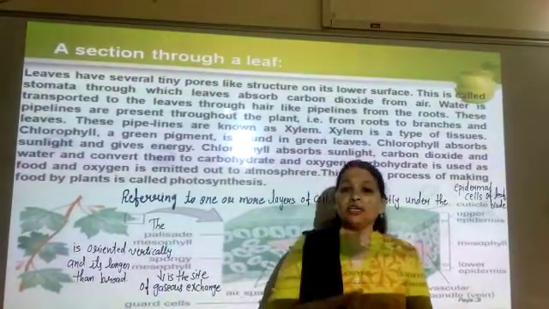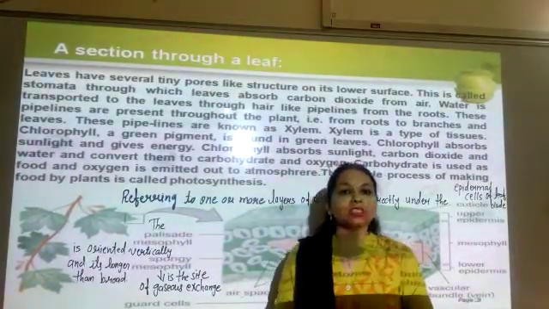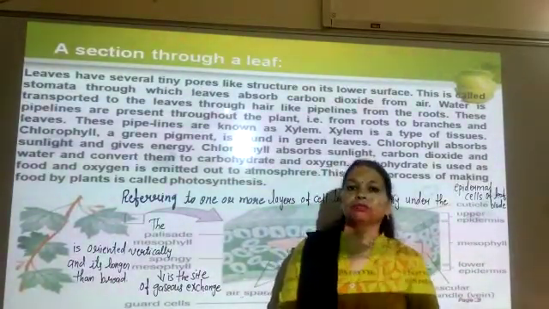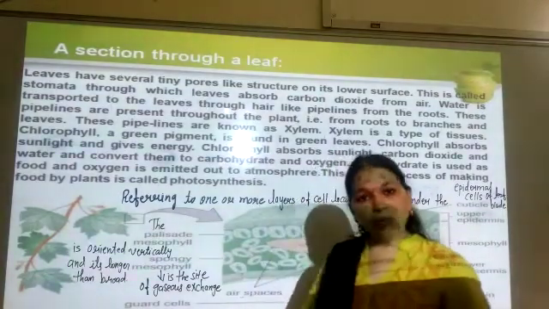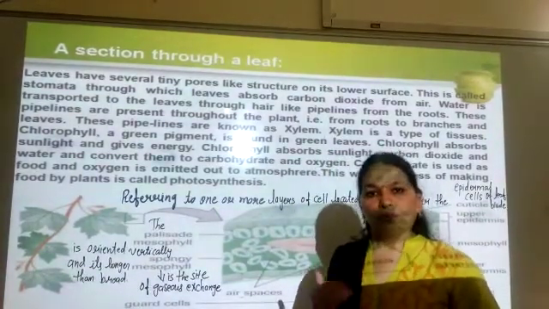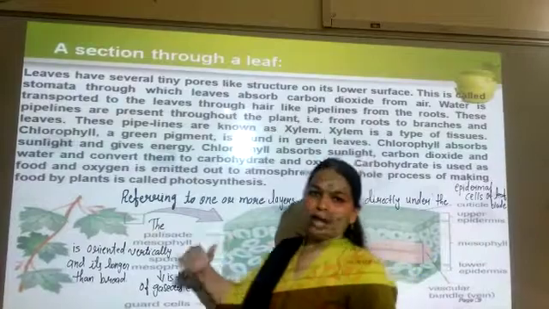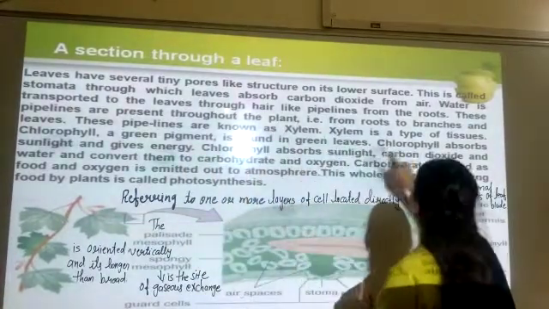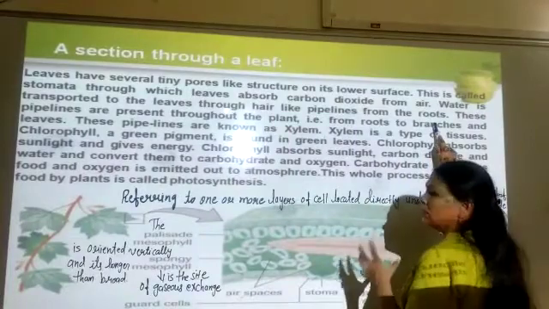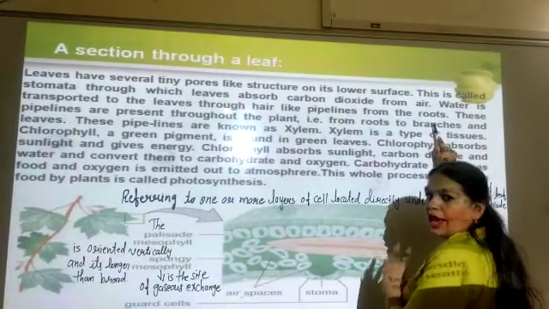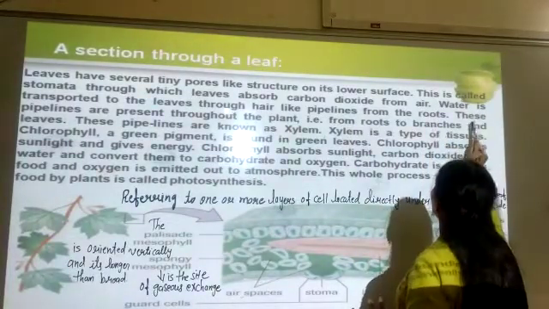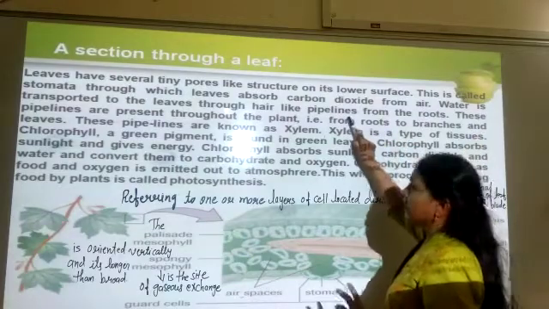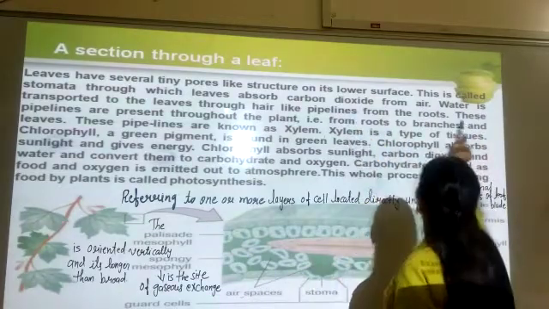These two pipelines transfer food as well as water absorbed by the root, conducted by the stem from the root, and reach the leaf for photosynthesis. These pipelines help to transfer water and food.